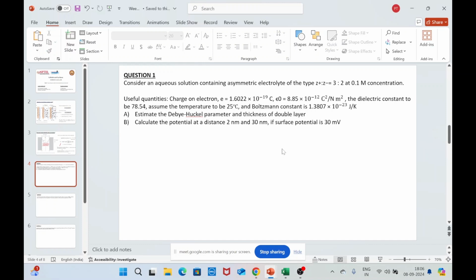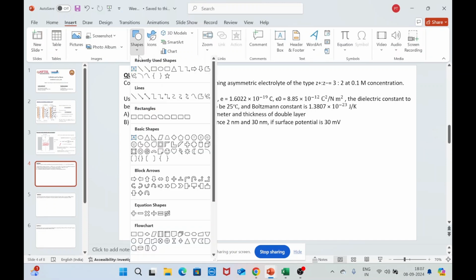Your kappa is called the Debye-Huckel parameter, and the thickness of the double layer is nothing but the inverse of that kappa. So let's start solving.